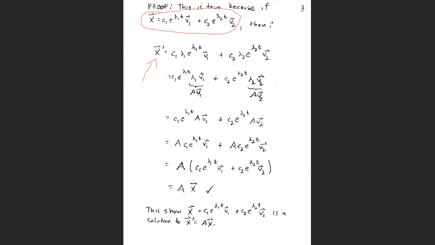The first eigenfunction has e to the power lambda 1 t, the second eigenfunction has e to the power lambda 2 t.